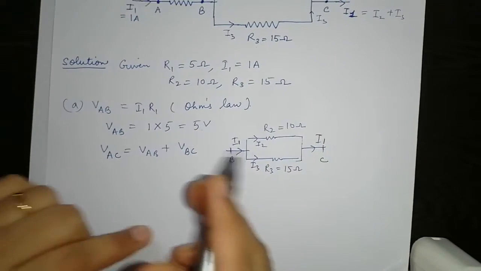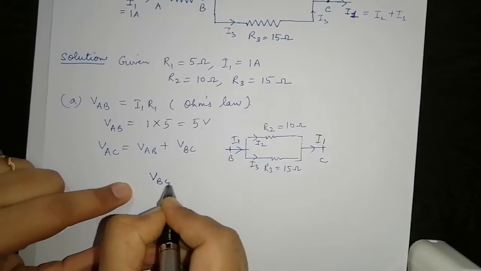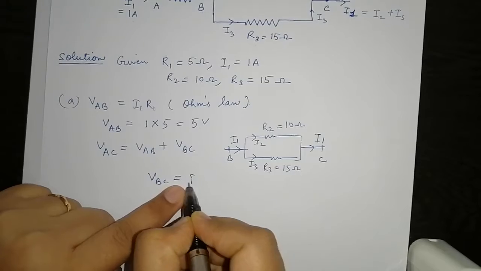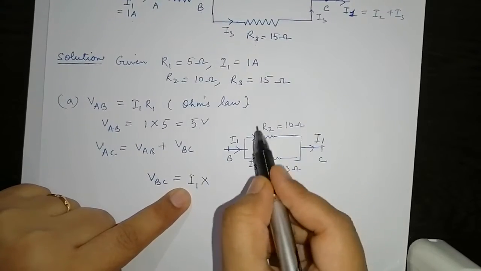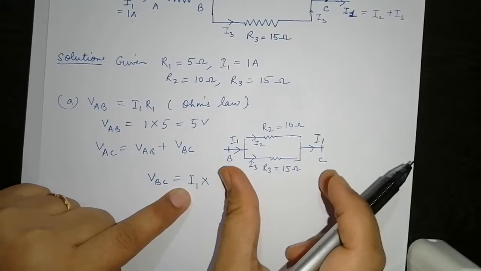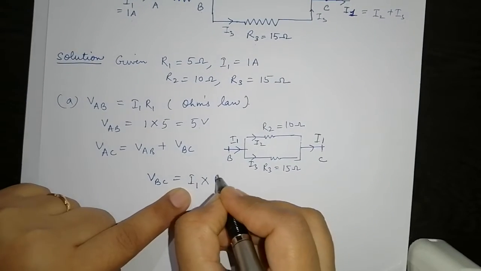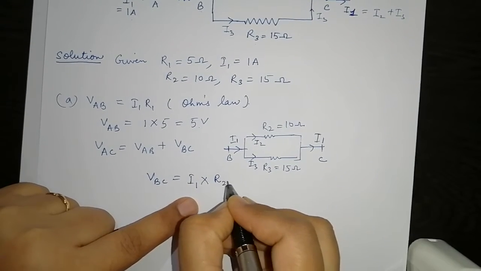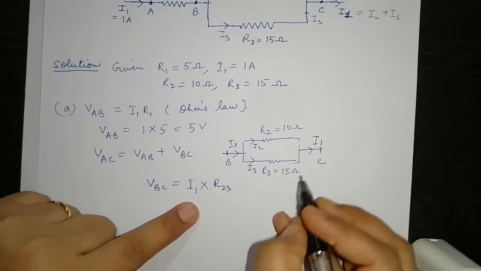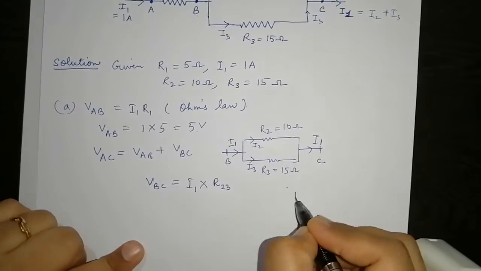So the potential VBC will be equal to I1 into the total resistance between these two points, meaning the combination of R2 and R3.